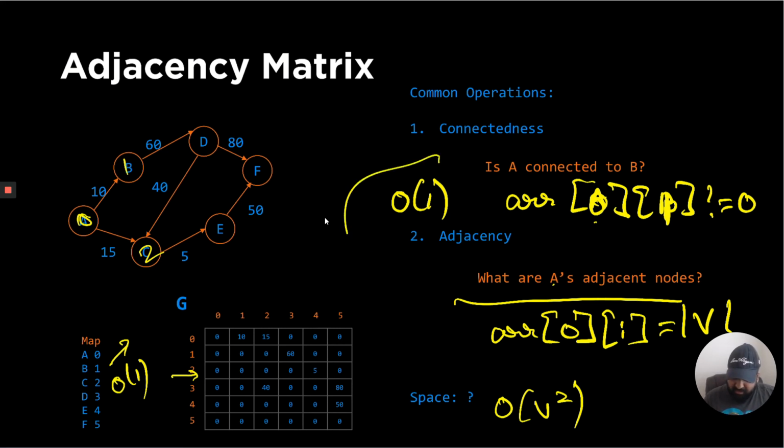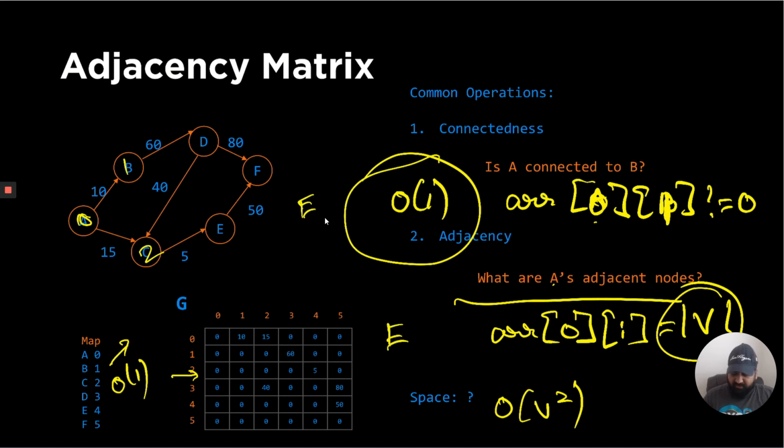We have improved a lot on this connectedness component, as well as on the adjacency component, because when we discussed edge list, this was O of E, and O of E for the adjacent nodes as well. And when E tends to become something like V square, which is when we have a very dense graph, these operations were very costly in edge list, but now they have been reduced.